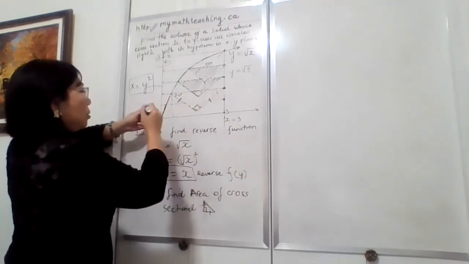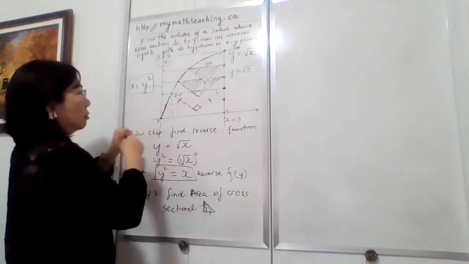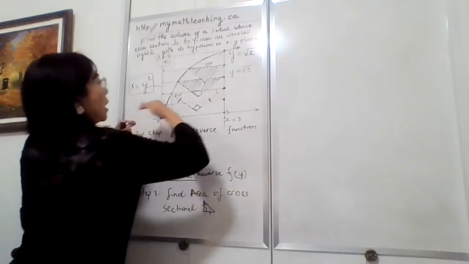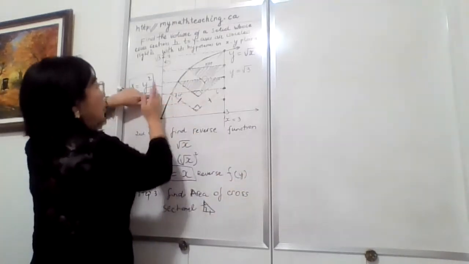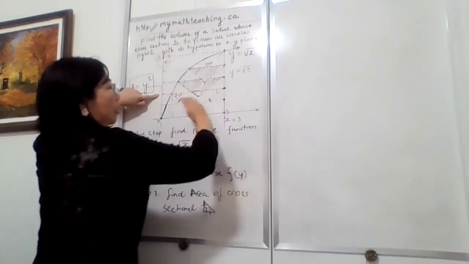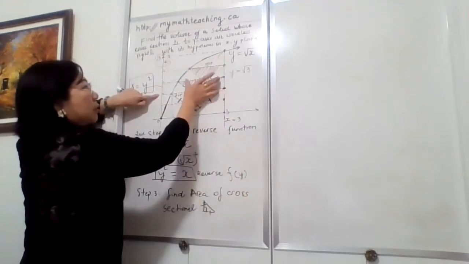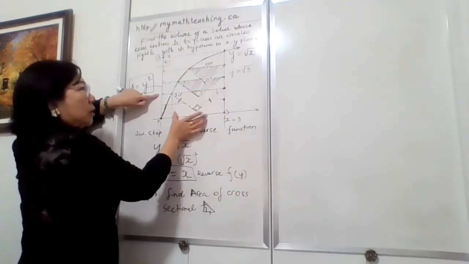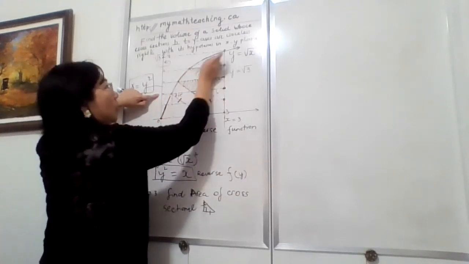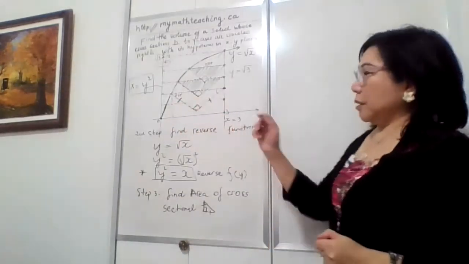So imagine you slice through the surface perpendicular to the y-axis with this triangle shape, right? And this triangle changes from small, getting bigger and bigger at the bottom, following the curve, okay? So first we have to find the area.